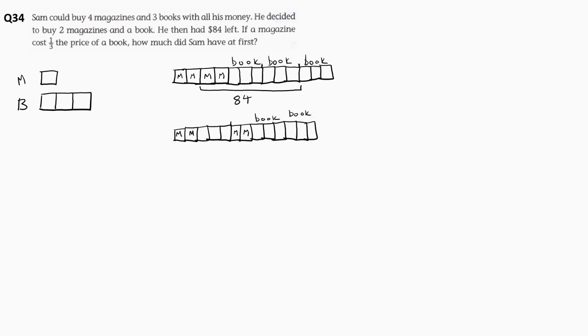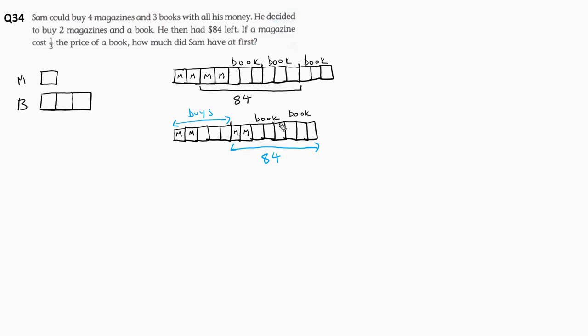Okay, so this is what he buys: 2 magazines and 1 book, and he could have bought these, but he didn't. All right, there's 2 magazines and 2 books. Now remember, after he bought this, he had 84 left. Now, if we compare these two, they're going to have the same thing.